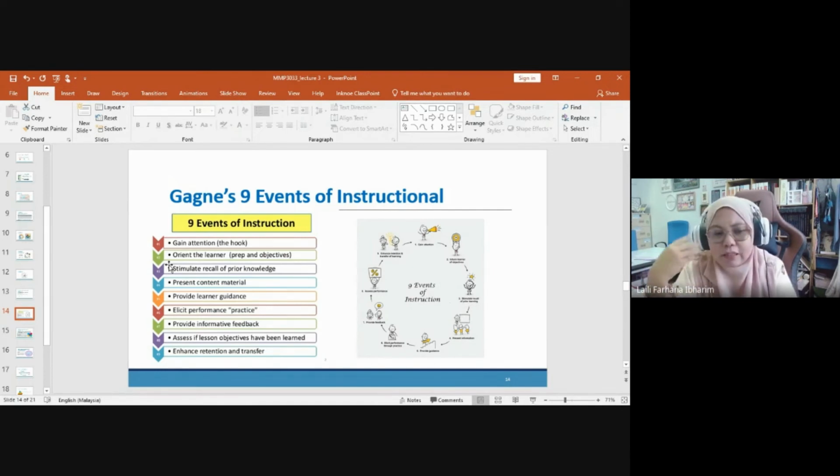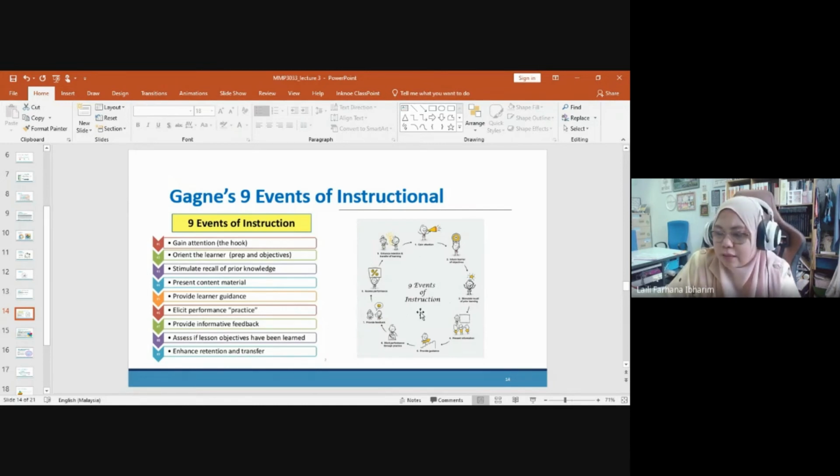So the teachers will present the content material and then provide the learner guidance. Okay, and after that, they do the evaluation in terms of practice. Okay, and then they get the feedback and then assess if the lesson objectives have been learned, from the reflection session, and enhance retention and transfer.